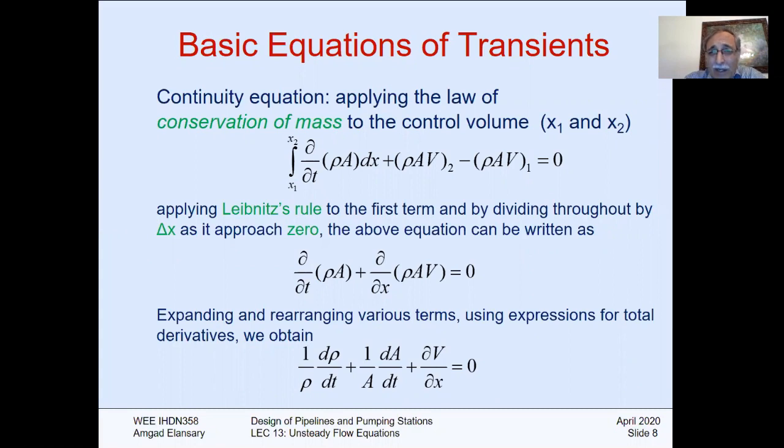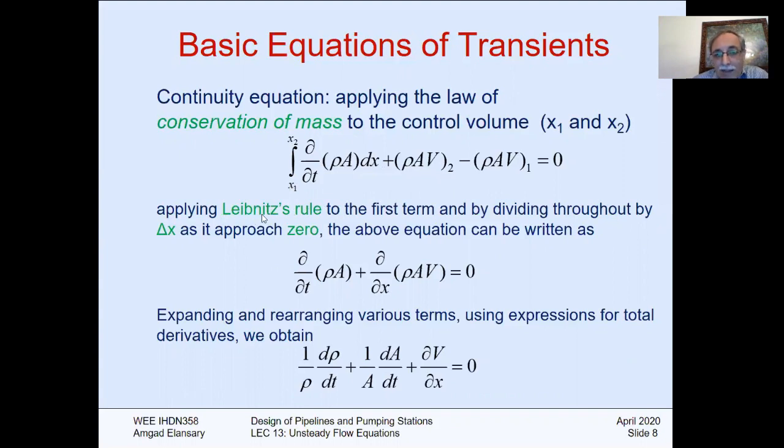Continuity equation: applying the law of conservation of mass to the control volume between x1 and x2. This is the general formula, integration from x1 to x2. If we have a control volume along the liquid, we have partial by partial t of rho, the density, multiplied by A dx, equals rho A V at point 1 minus rho A V at point 2.